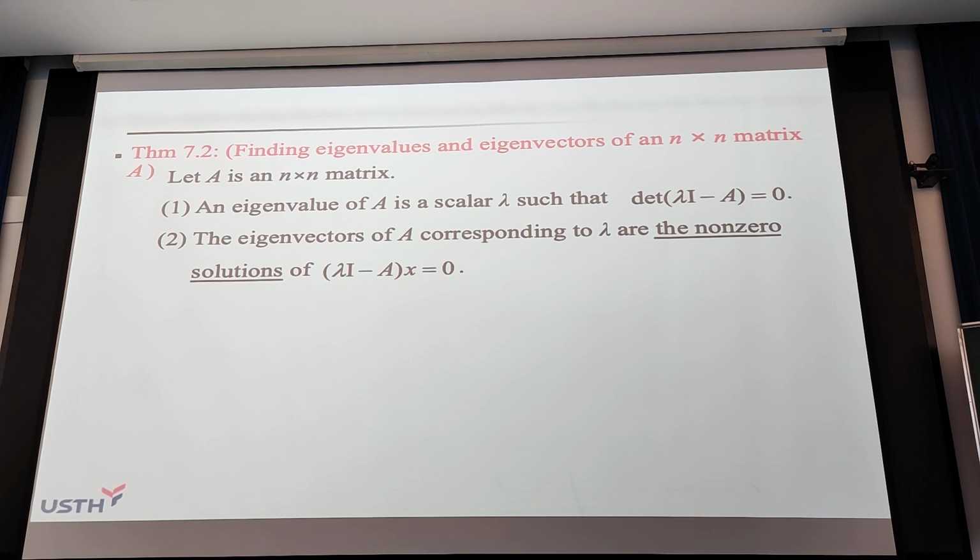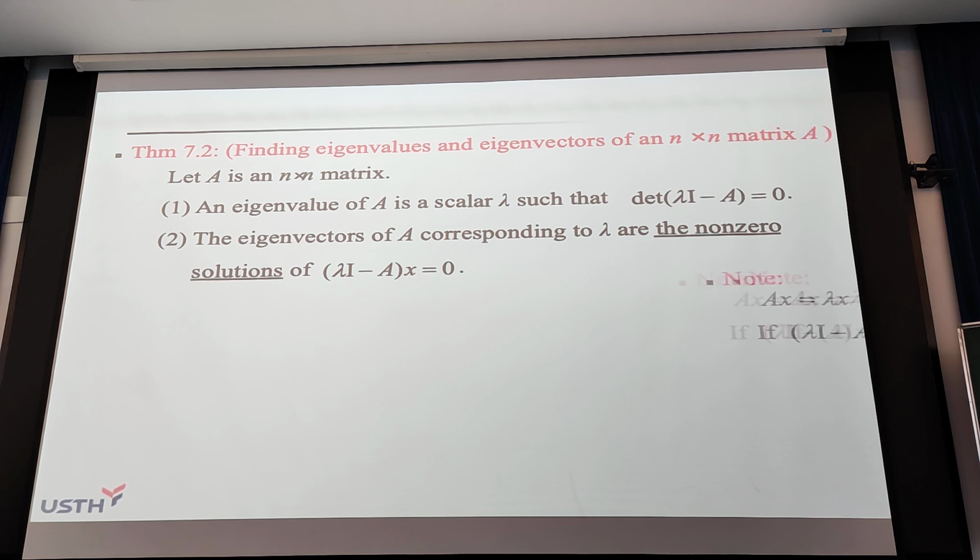In order to find the eigenvalue, we need to write the determinant of lambda I minus A equals 0. That is the characteristic polynomial, the characteristic equation. And the eigenvector of A will be the non-zero solution of the homogeneous system of linear equations (lambda I minus A) x equals 0.